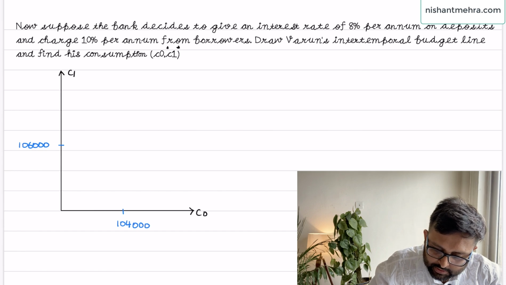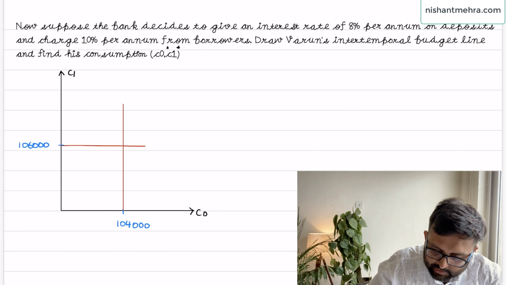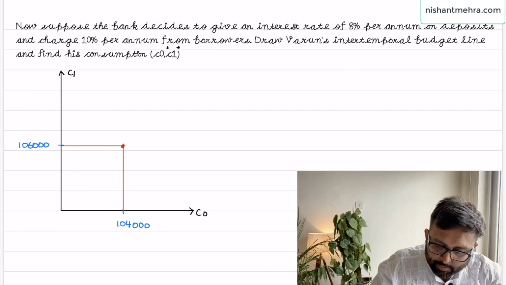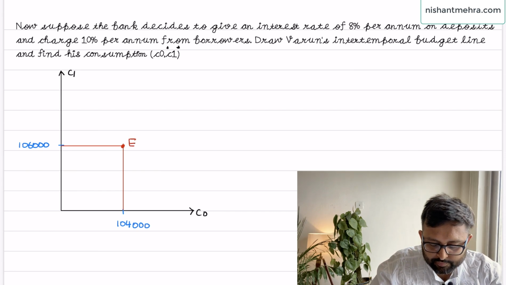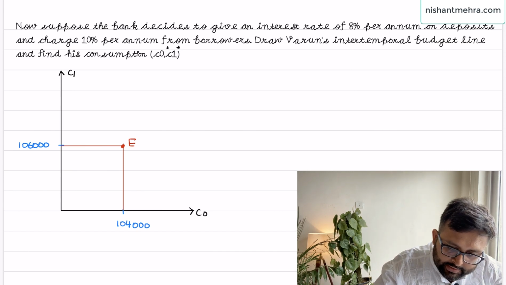So at this particular point, these are nothing, I'm just pointing the point. You can just forget about them. Okay, so this was my endowment point. Fair enough. Now let us say he wants to be a lender.